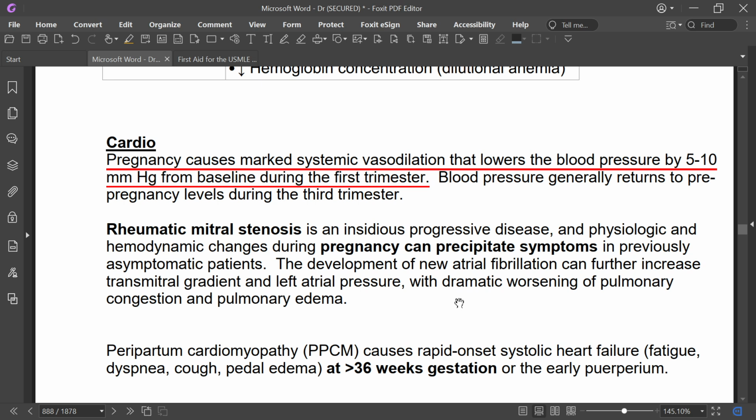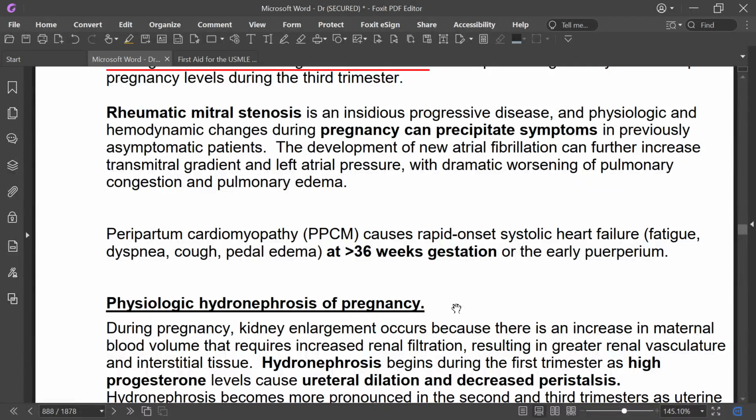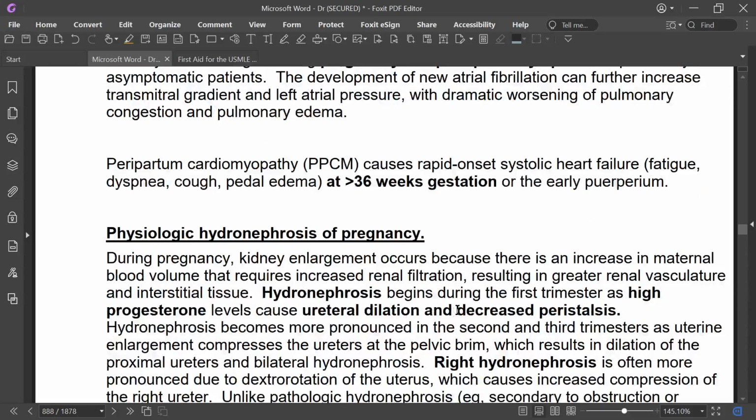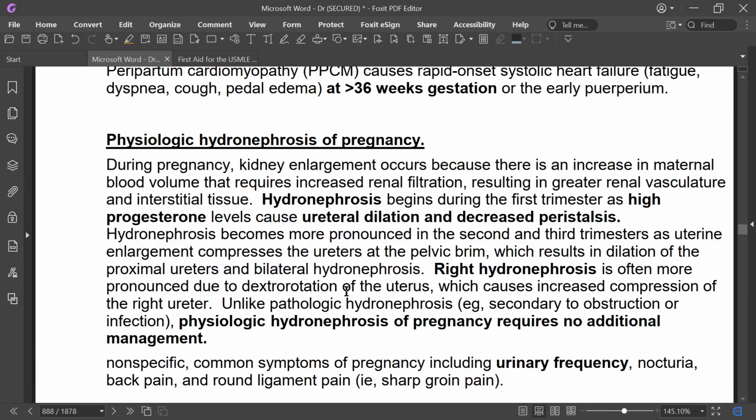Peripartum cardiomyopathy causes rapid onset systolic heart failure, fatigue, cough, pedal edema more than 36 weeks of gestation, in the early puerperium. Physiologic hydronephrosis of the pregnancy.